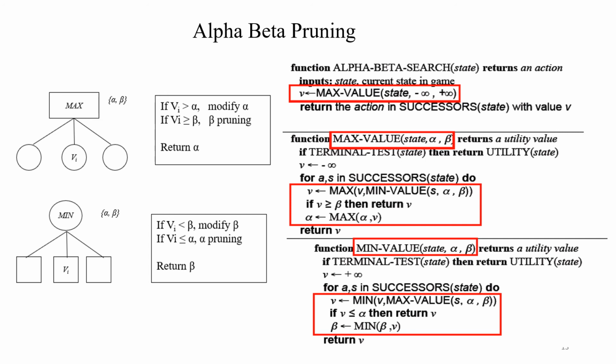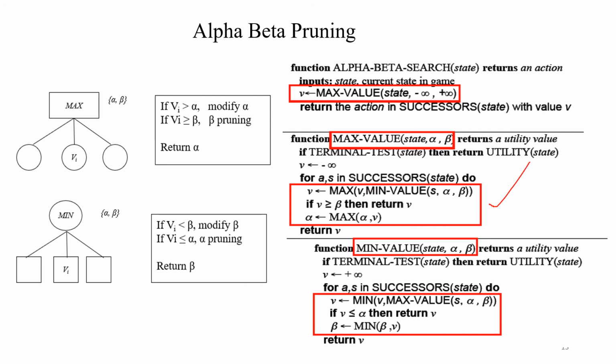As we already know, alpha is the highest value along the path of max, and beta is the lowest value along the path of min. Let us initialize the value v for max as minus infinity.